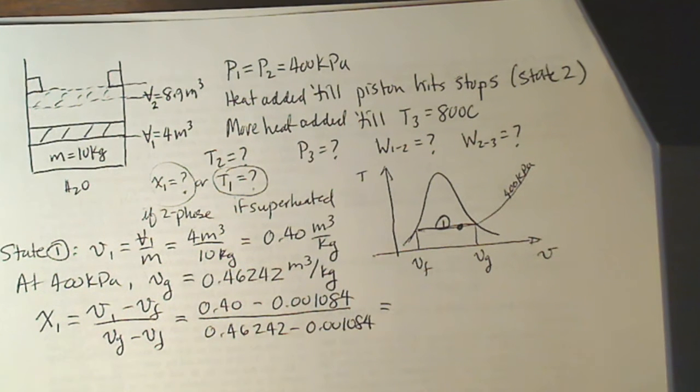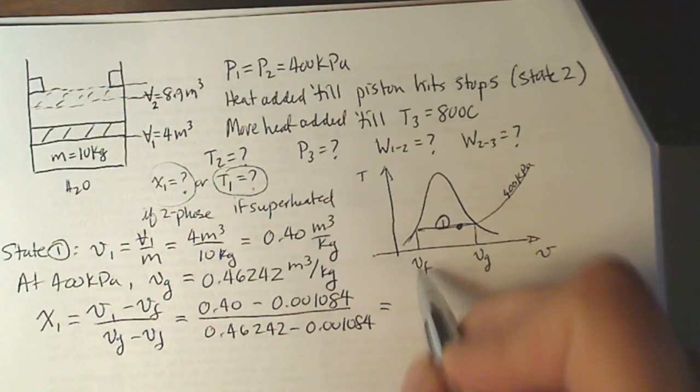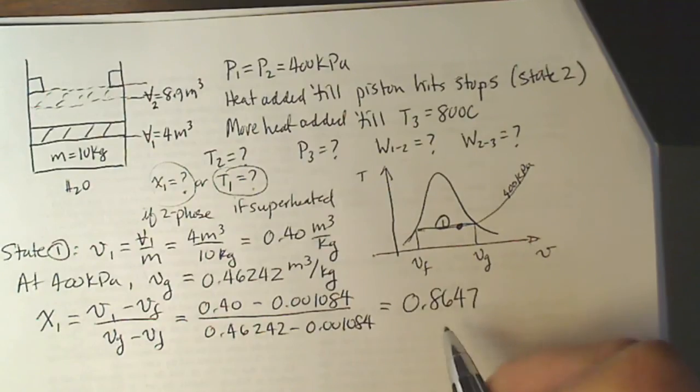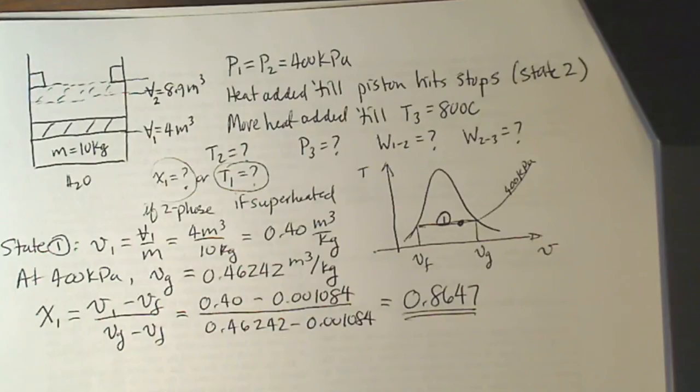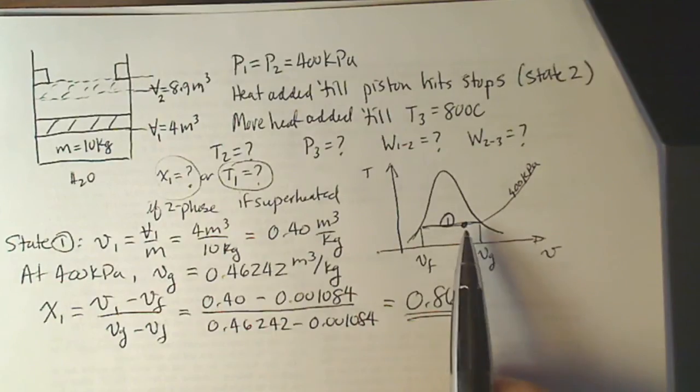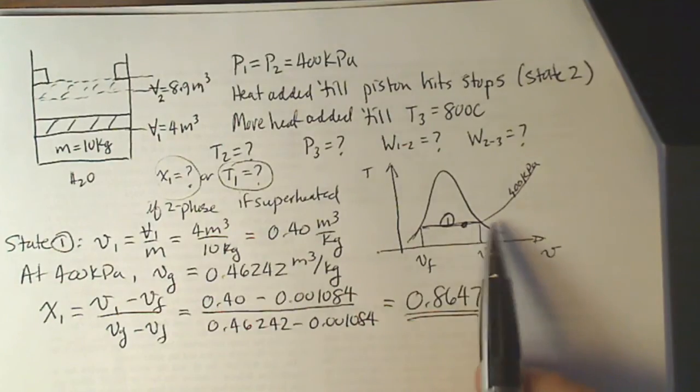I get this number to be 0.8647, which is the initial quality. And so if we needed to, we could use that initial quality to calculate the internal energy or the enthalpy of this first state.